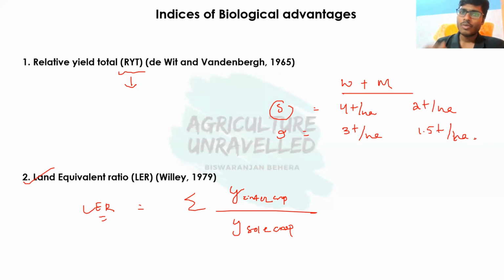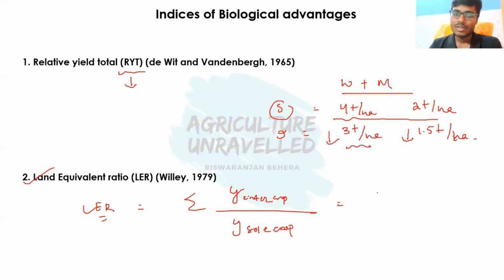So we'll calculate land equivalent ratio to know what is the land quantity that should be required for getting the same yield as compared to sole cropping, because definitely in case of intercropping the yield of wheat is reduced, yield of mustard is also reduced. So what should be the extra land that we should get, so that the yield of intercropping should be as that of the sole cropping.